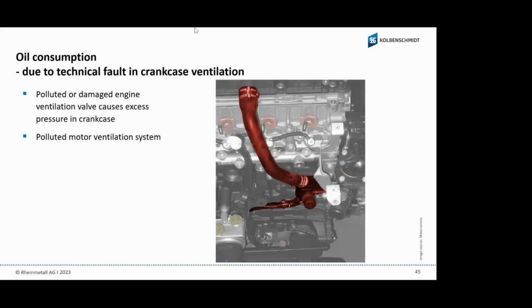On some trucks, Volvo for example, I know they say every second or third service they must change this crankcase ventilation valve, to be sure the pressure will not be too high.